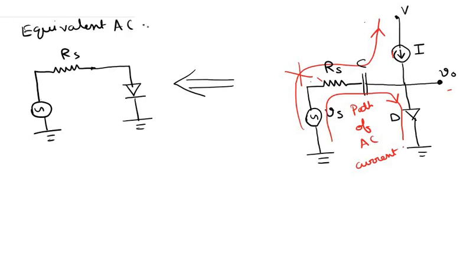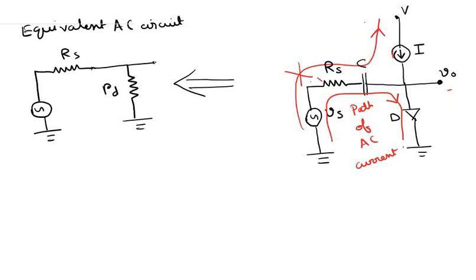In small signal or AC conditions, this diode basically acts as a resistor, or this is the equivalent model of the diode with resistance Rd.